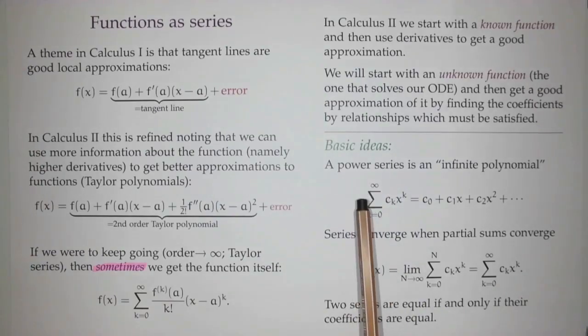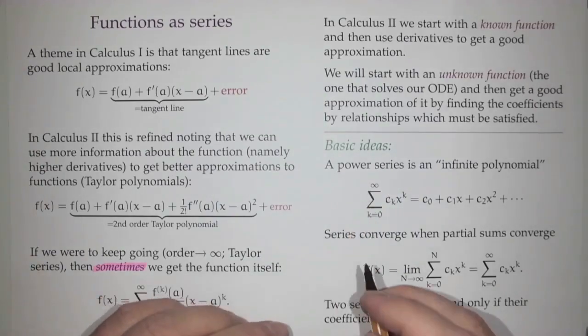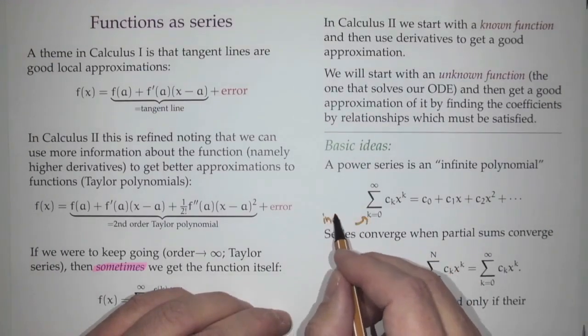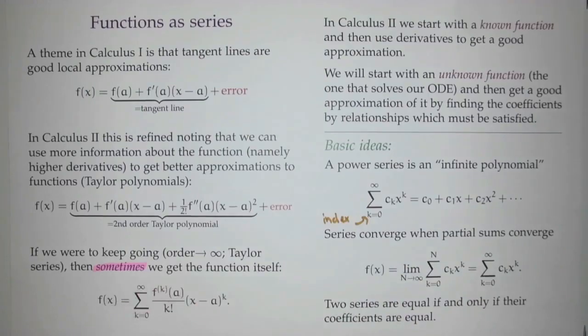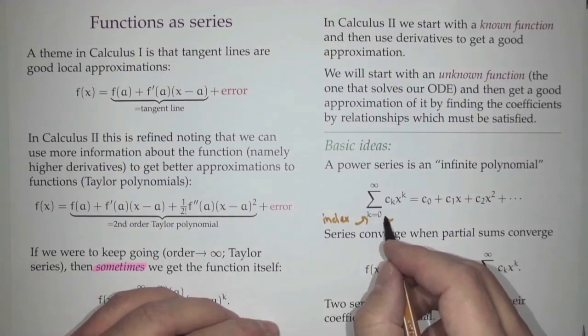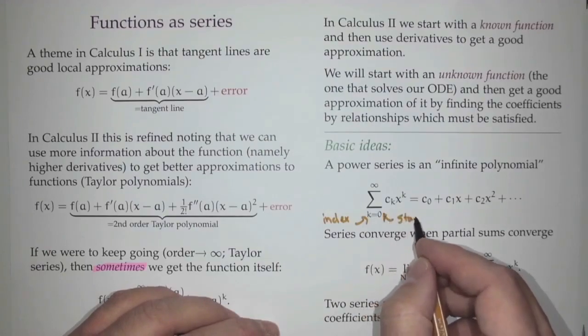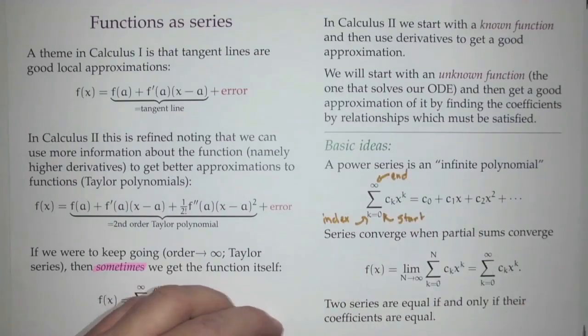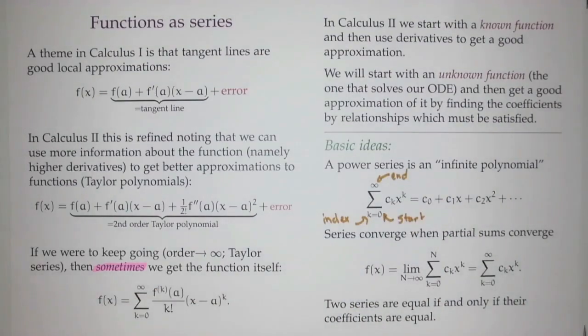So we're adding up. You have this k, and k is an index. It just says k ranges from where you start, and we start here at 0, to where you end. Oftentimes we'll care about infinity in theory. In practice, we'll be happy if we say, well, what's the first 10 terms?